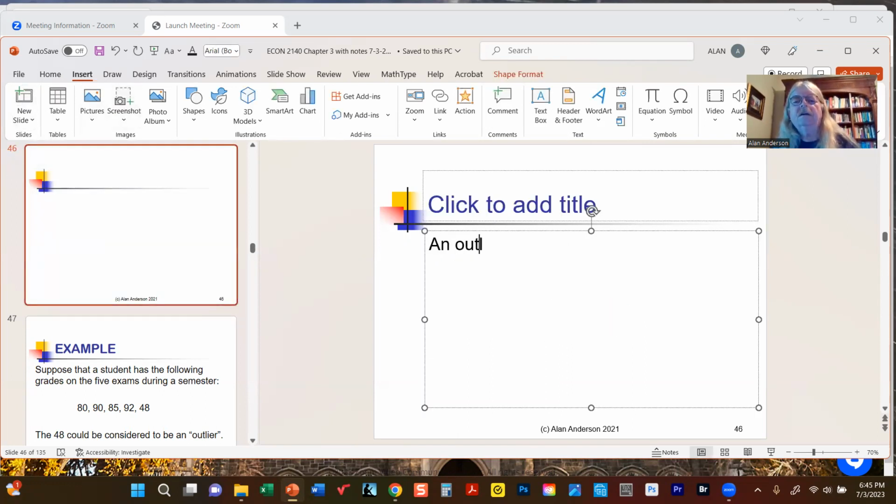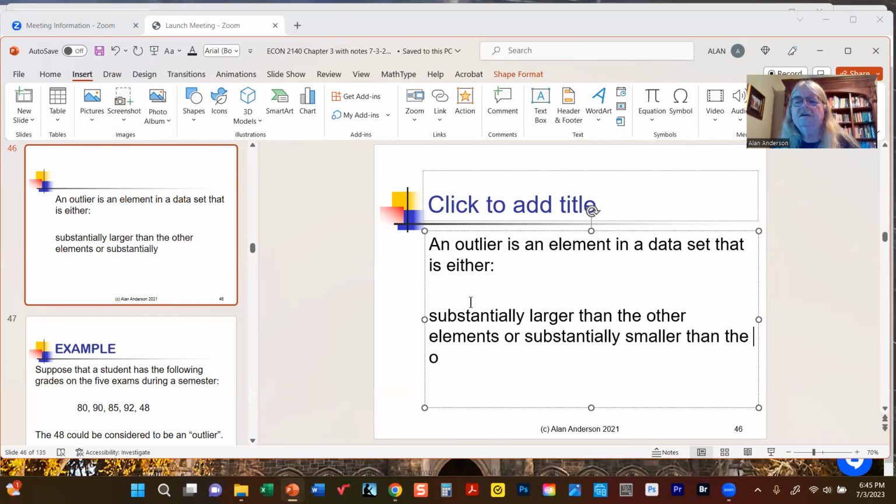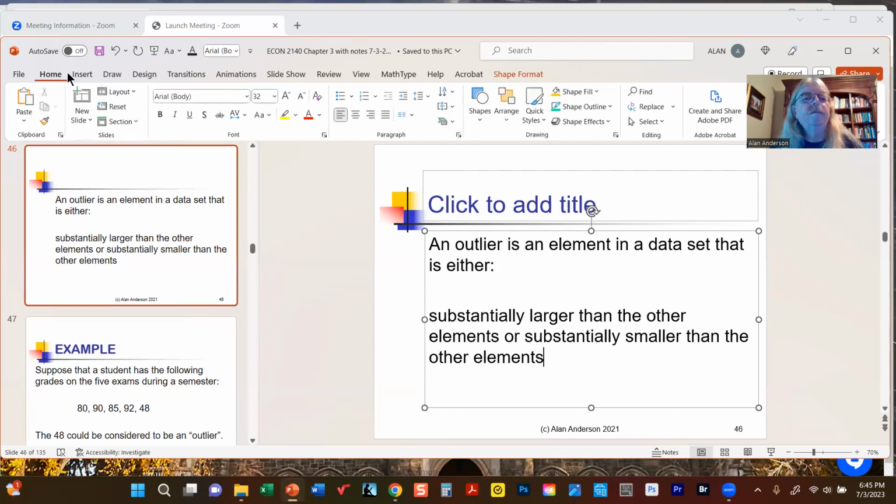An outlier is an element in a data set that is either substantially larger than the other elements or substantially smaller than the other elements.